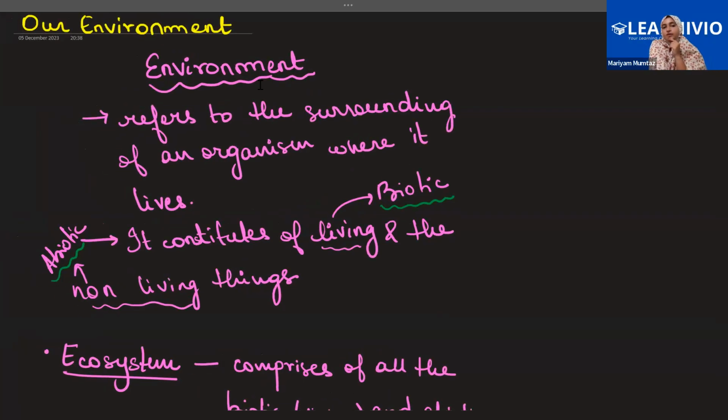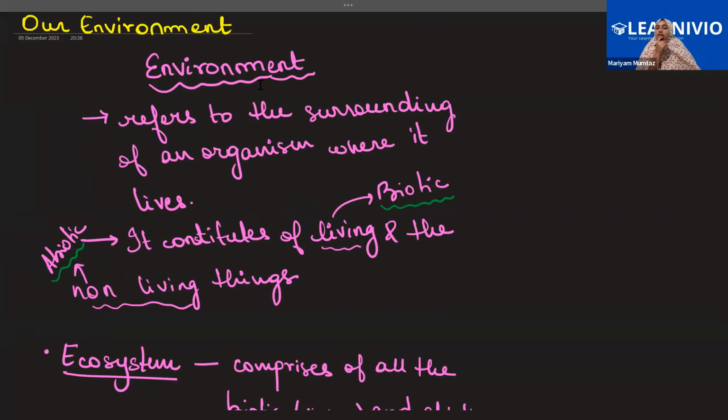See, talking about the chapter environment, first of all, let us discuss what an environment in fact is. Environment is our surrounding, the place where we live. Our environment is made up of two major components: the biotic component, which is the living component, like all the animals, plants, microorganisms, and human beings.